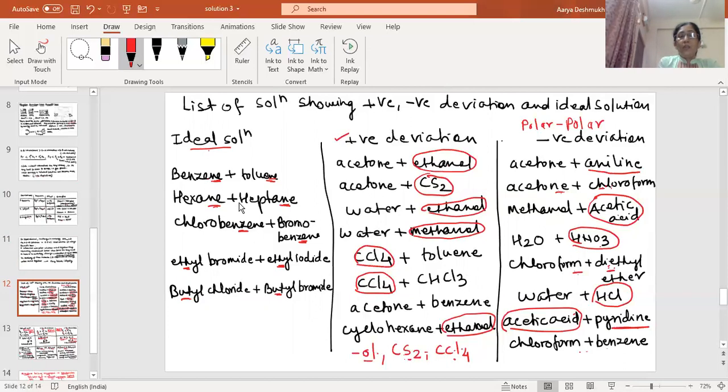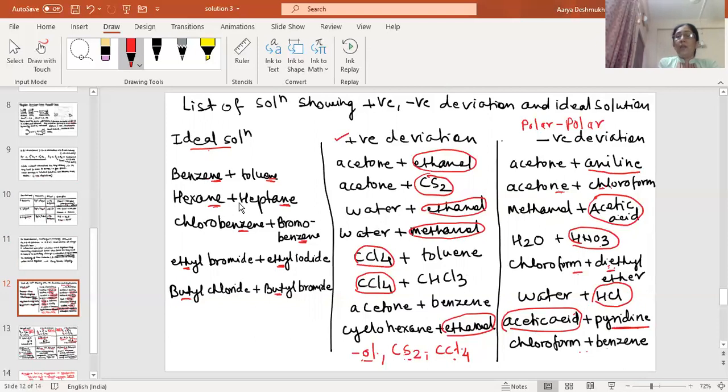Here you can see the circled one, that is ethanol, CH2, ethanol, methanol, CCl4. Here also CCl4, here also ethanol. So alcohol, CH2 and CCl4. If you find either of these constituents in the given mixtures, you can say that it might show positive deviation.